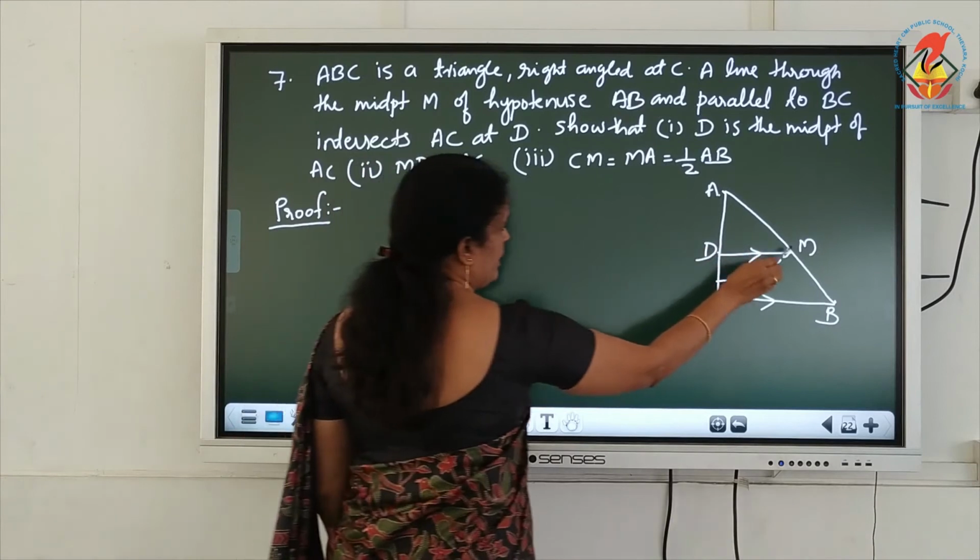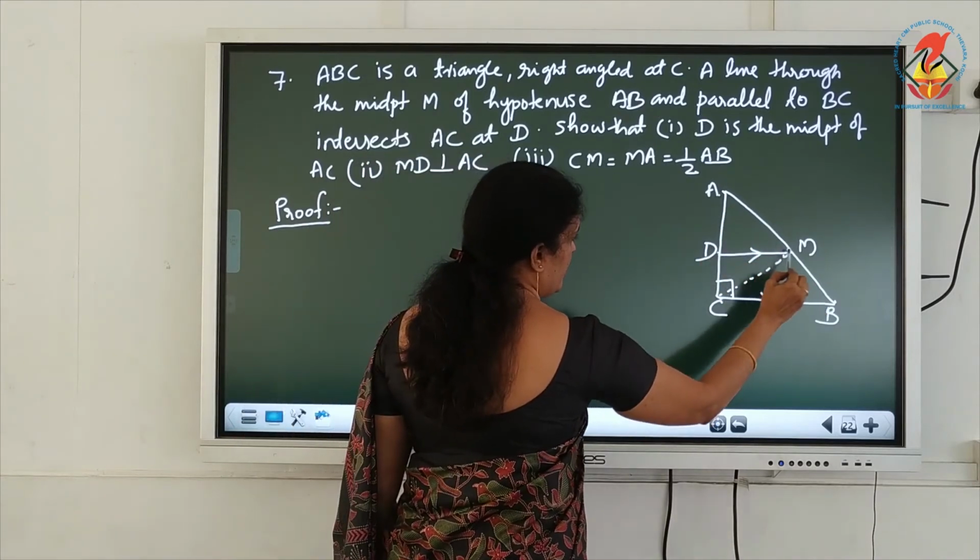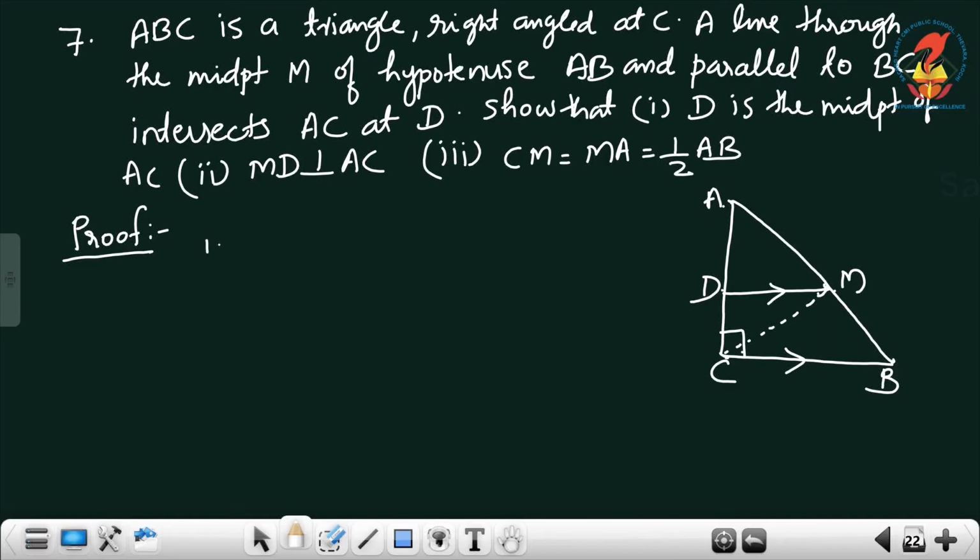First, M is the midpoint of AB, DM is parallel to CB.